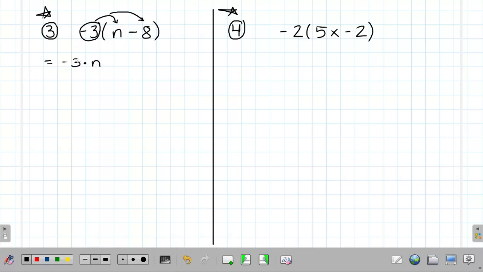times n. Now do pay attention to what I do with my negatives here. I am going to put my negatives in parentheses. That's always a good habit to get into, especially if you're going from one line to the next, so you can clearly see what's negative and what's not.